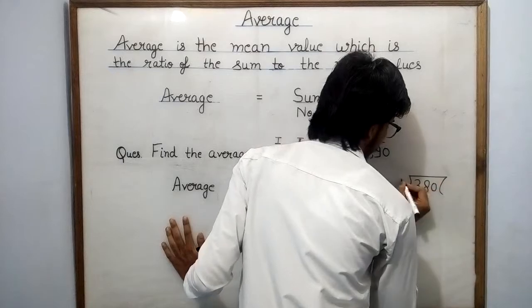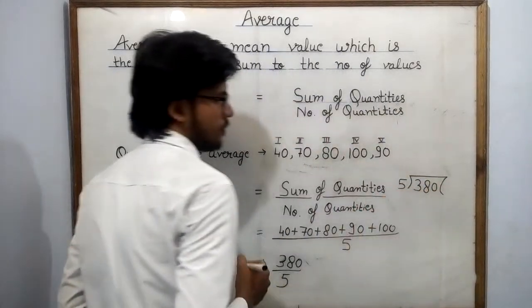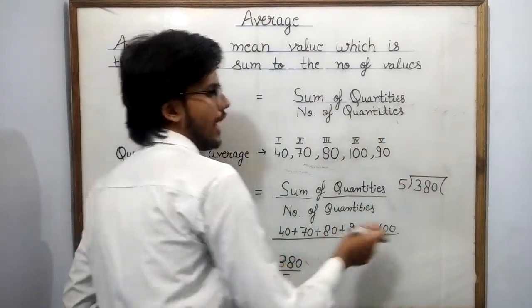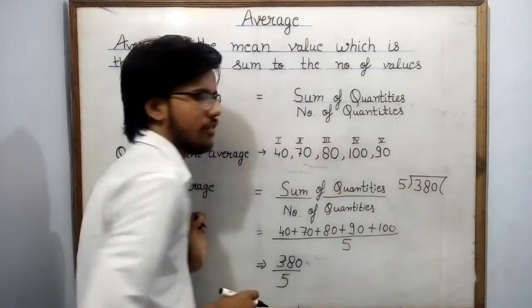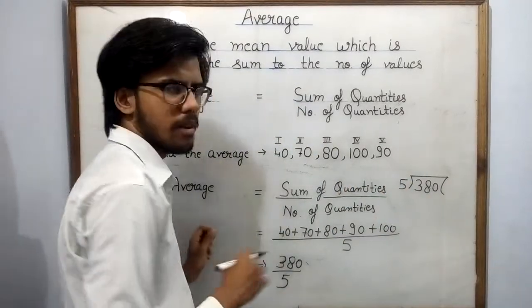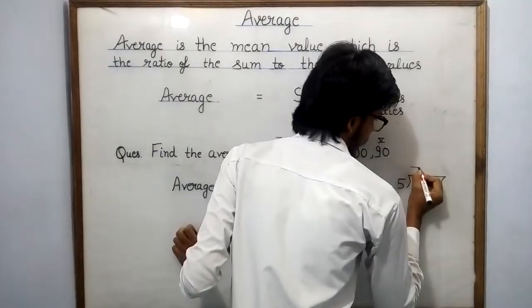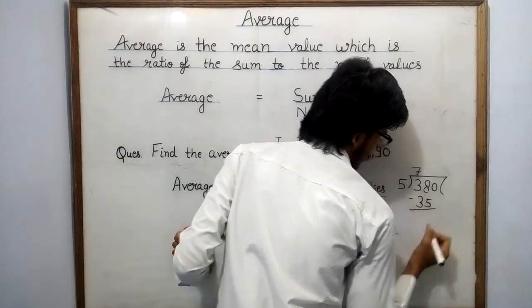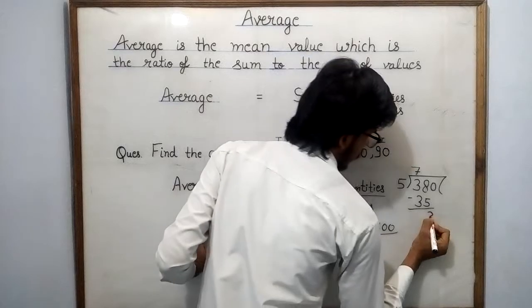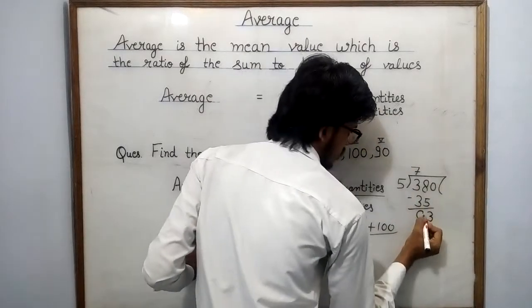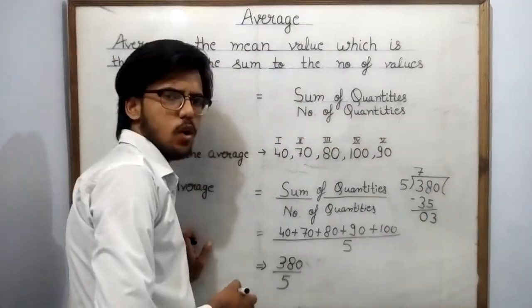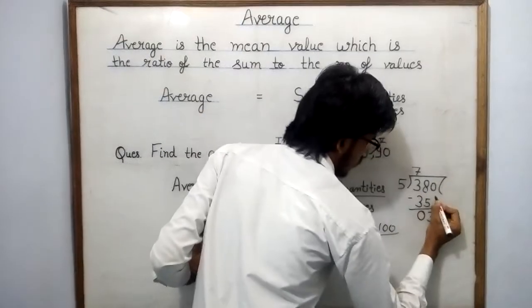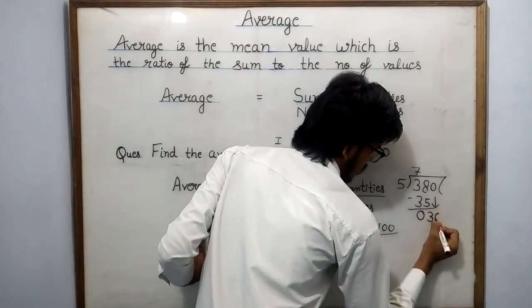380 divided by 5. We know that 3 is not divisible by 5, and 38 is also not directly divisible, so we take 7 times 5, which is 35. When we subtract, 38 minus 35 is 3. Now we bring the 0 downwards, so we write 0 over here.